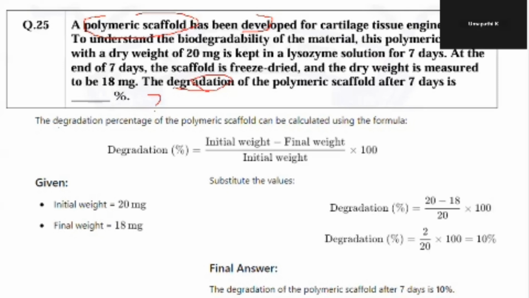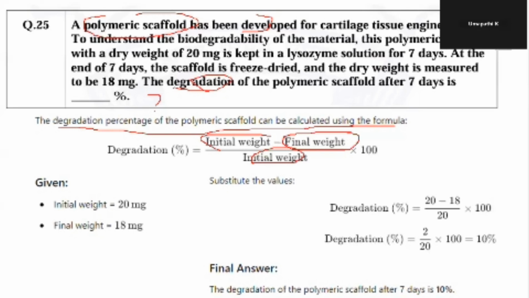Degradation percentage equals the initial weight of the sample minus the final weight, then divided by the initial weight. Applying this formula, we can find the percentage degraded.